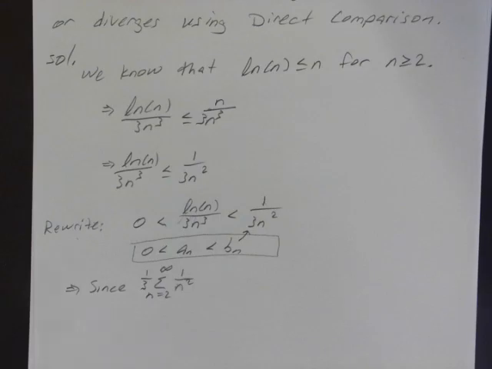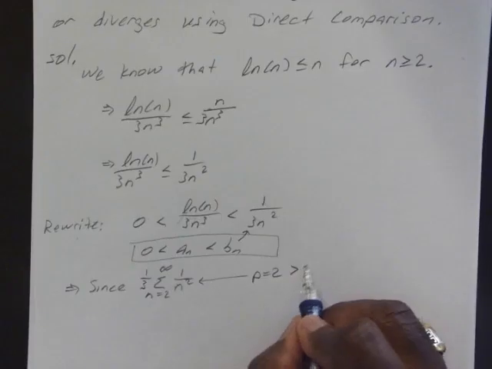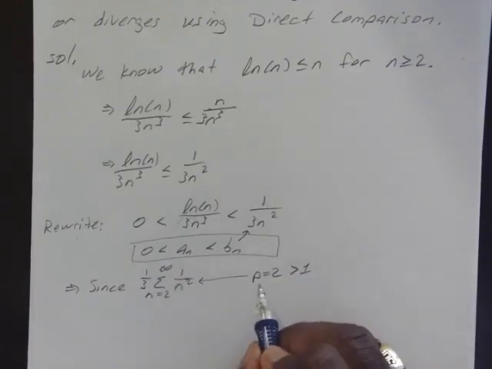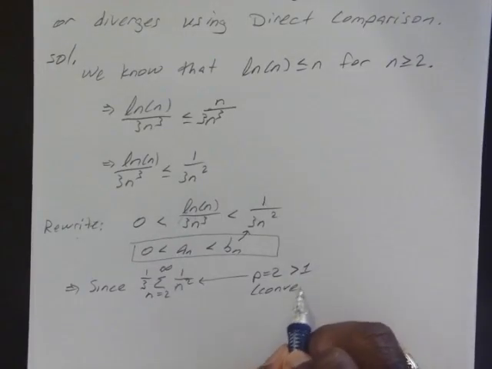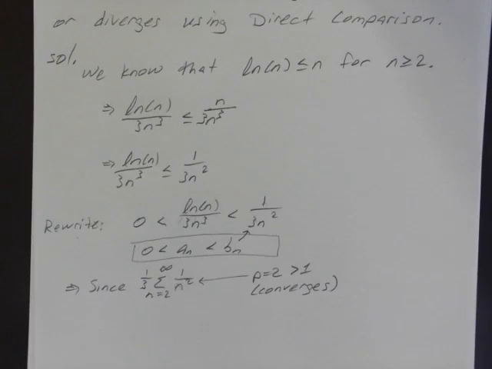Okay. And we know this converges because of the p-series test. We know that p is equal to 2, which is greater than 1, so we know it converges. So since b sub n converges, we know that a sub n will also converge.